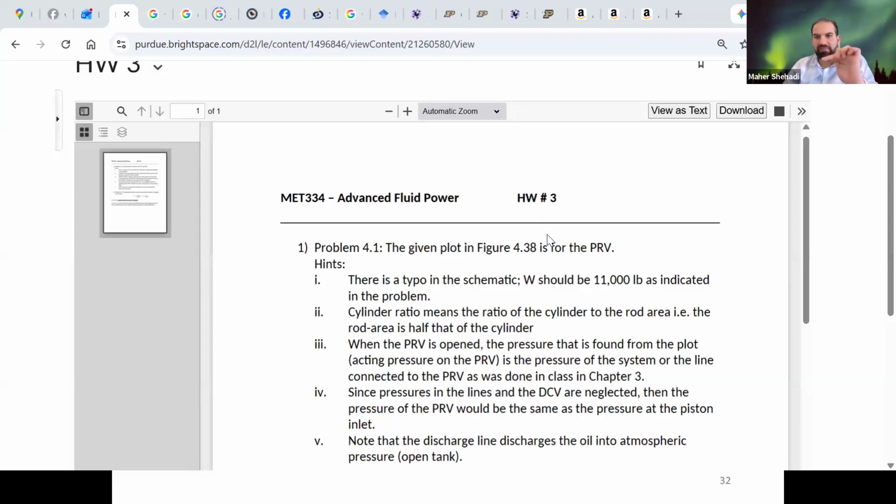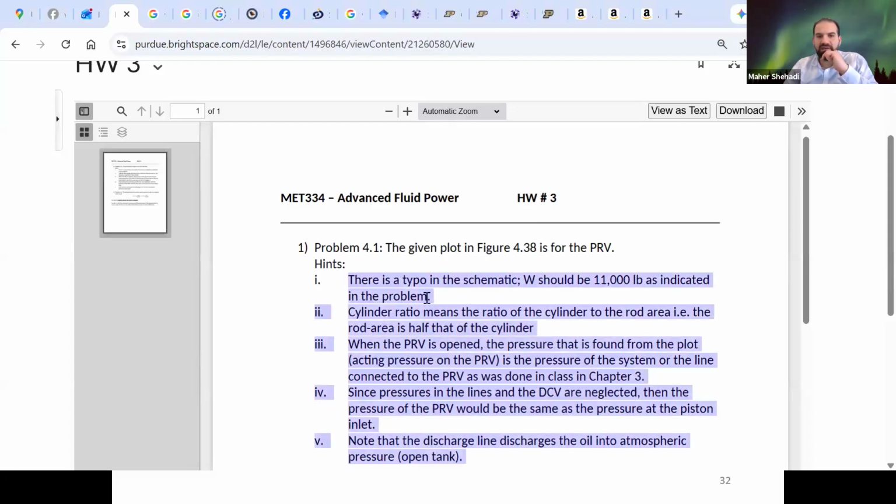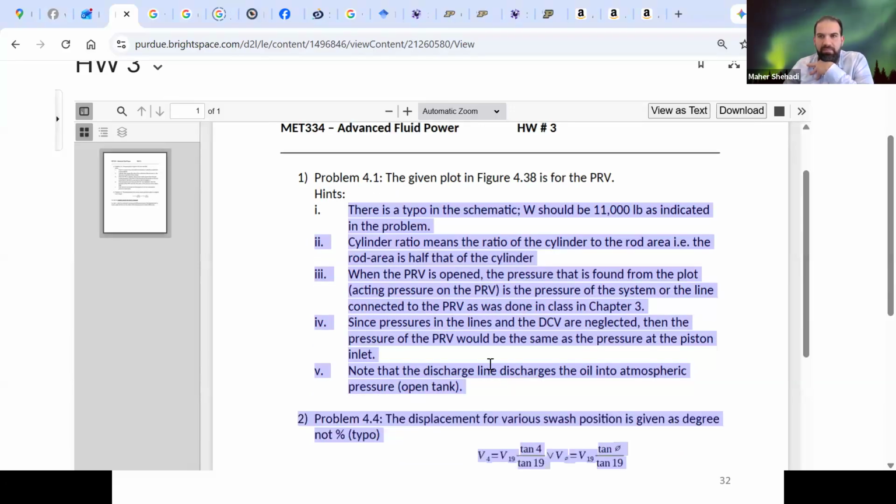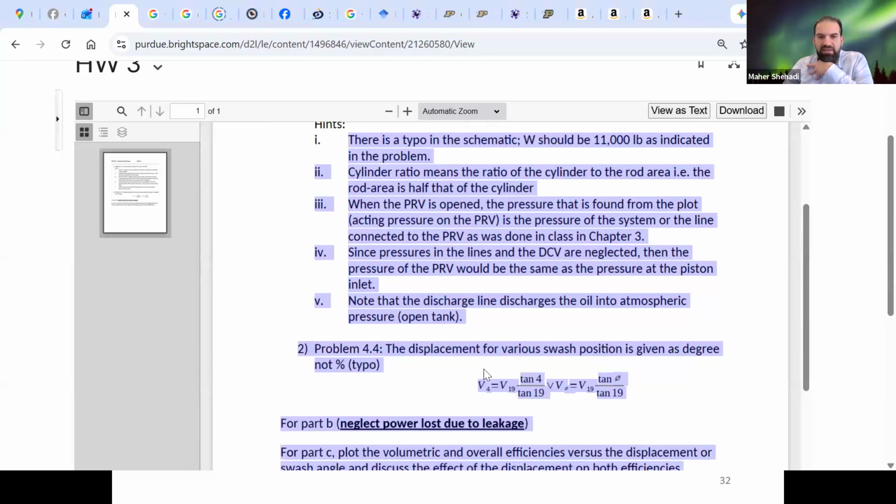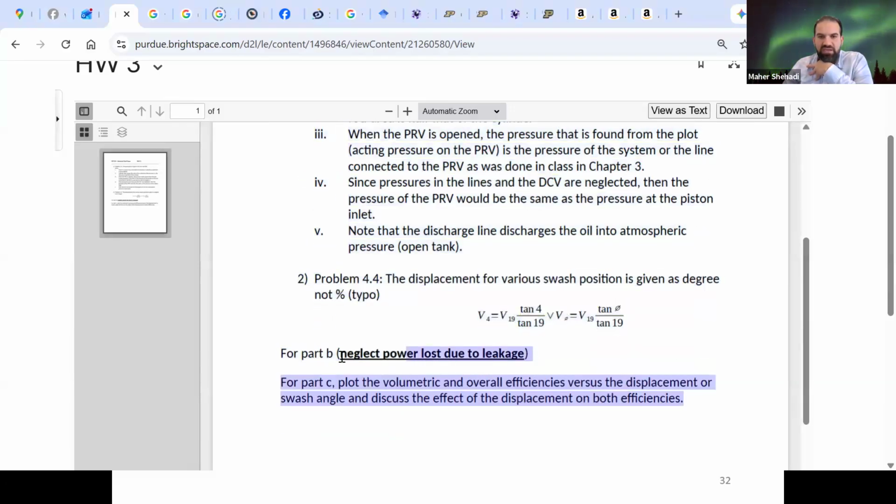So don't solve from the text. I mean, probably you need to read the problems from the textbook, but make sure that you read those hints. Those are hints, so I don't think I changed anything from the problem. Here I did change this part from what you're supposed to do in the textbook. I said for part B, neglect the power loss due to leakage.